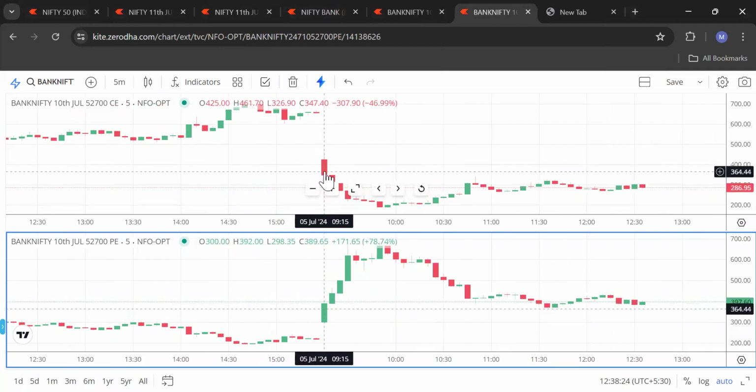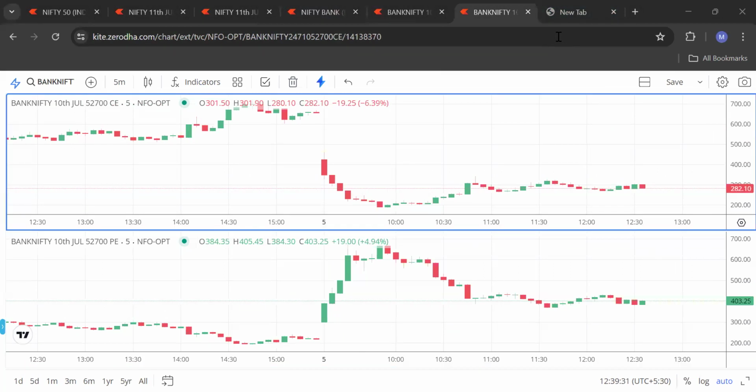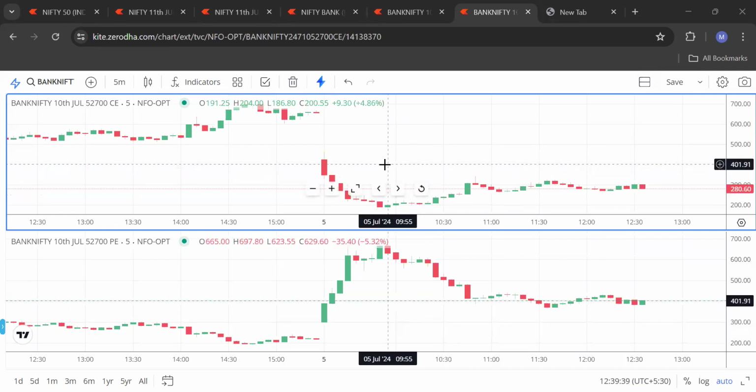Now for the 52,700 call and put, SPP would be 167.85. See it very closely. It has to be near 167.85. Considering this call and put.